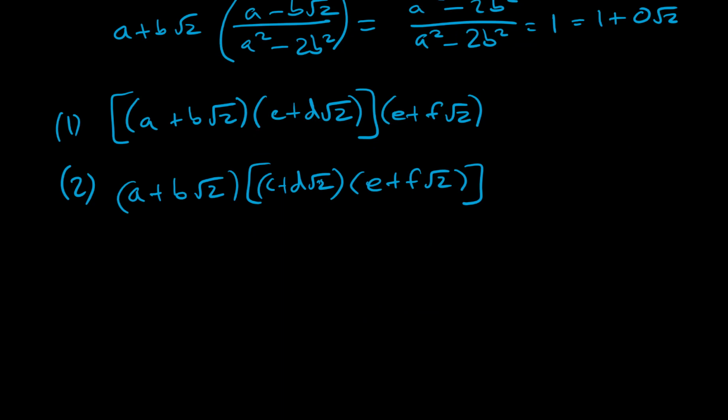In order to verify associativity, we just need to perform these two multiplications, expanding out the brackets, and make sure that they result in the same expressions. And that will conclude the proof that the set of the form a plus b root 2, where a and b are rationals, except for the 0 element, 0 plus 0 root 2, under multiplication is a group.